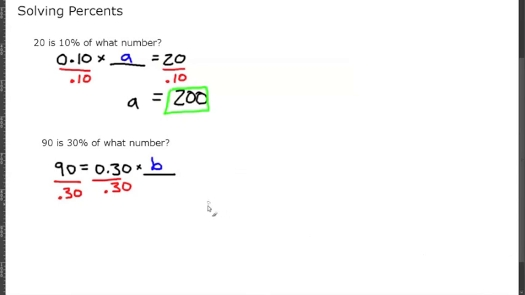And we're going to get that 300 is equal to b. So 90 is 30% of 300. So when they give you that one number is a percent of some other number, you're going to divide by the converted decimal.